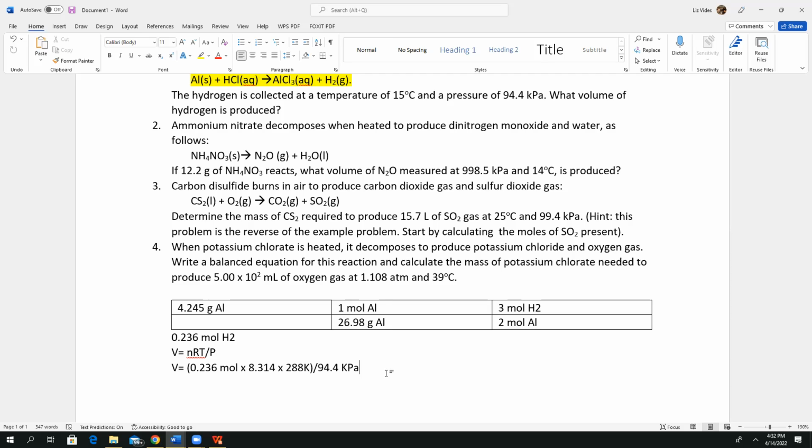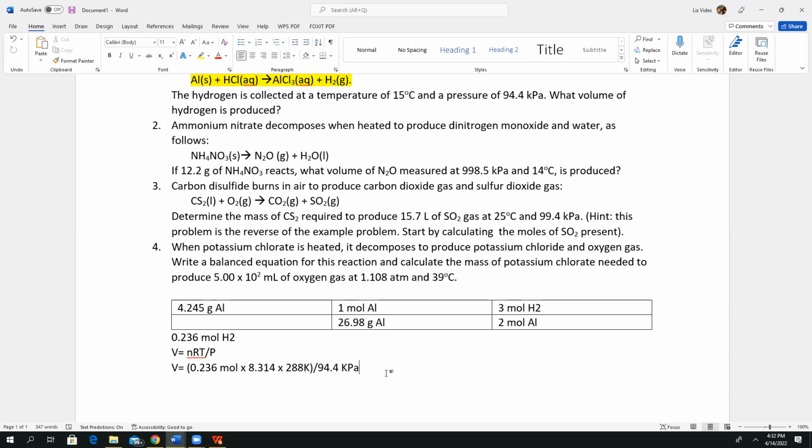And then that gives us 6 O2s, right? So that's a 3. Okay, so for every 2 moles of SO2 we produce 1 mole of CS2.